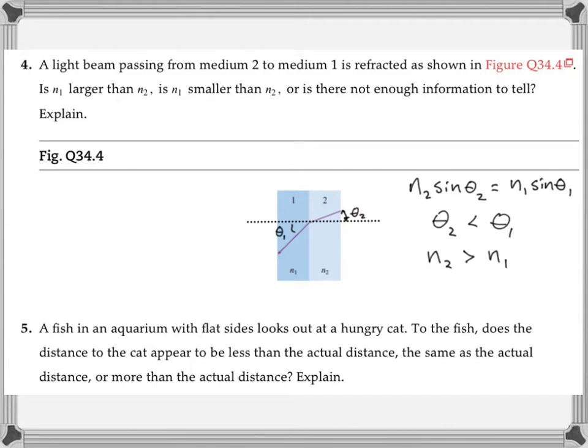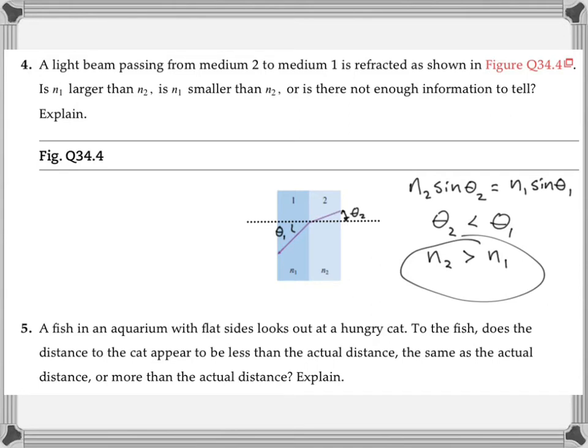This forces N2 to be bigger than N1, because the product of N2 and the sine of theta 2 must be equal to the product of N1 times the sine of theta 1. So if the sine of theta 2 is less than the sine of theta 1, then it must be true that N2 must be bigger than N1. Alright, so we conclude from the picture that N2 has to be bigger than N1.